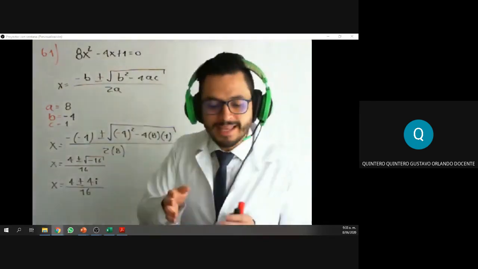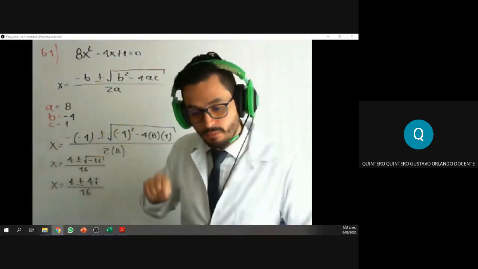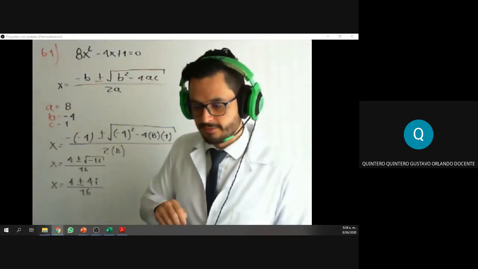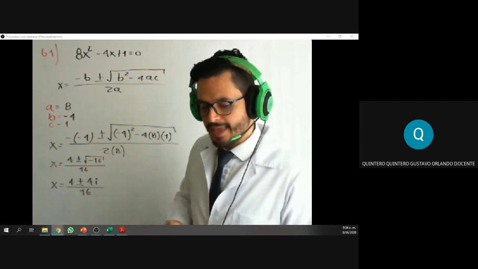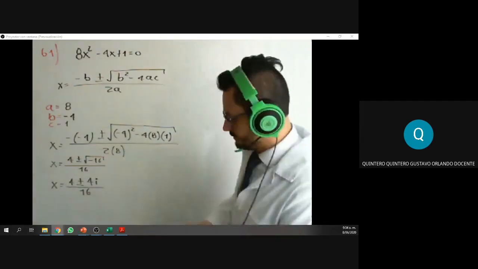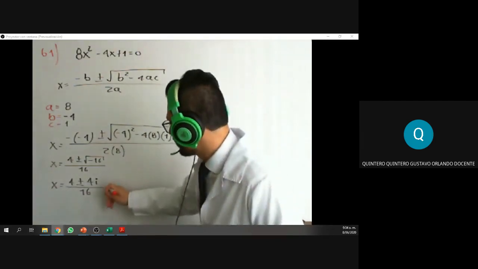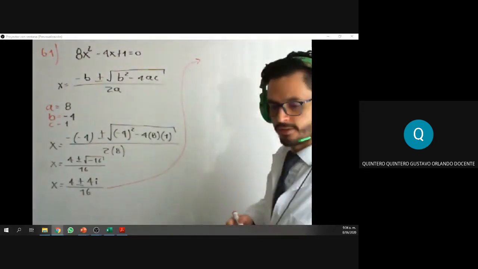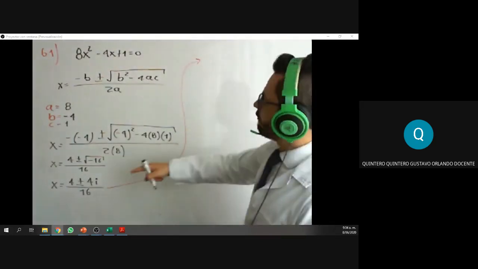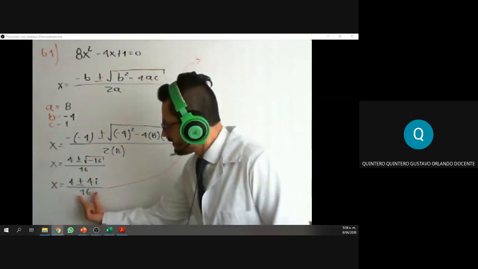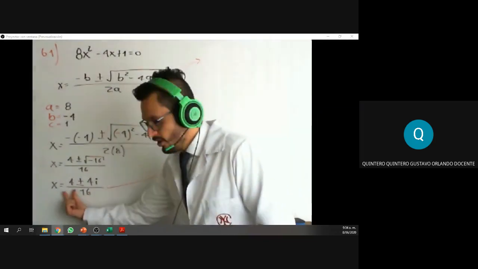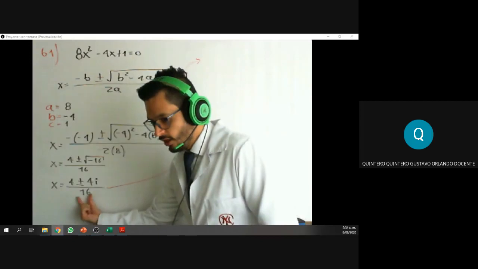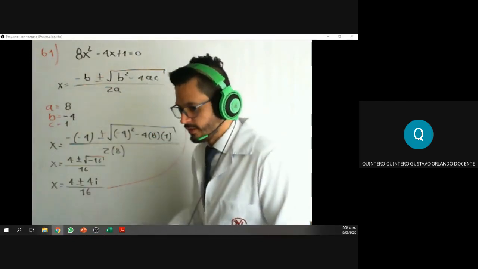From here, let's split the denominator, separate it if you wish, and we'll see the real answer. I don't have enough space, so I'm going to make a little line and take it all the way to this corner. If we split our fraction, we will have the 16 under this 4 and also the 16 under this other 4.